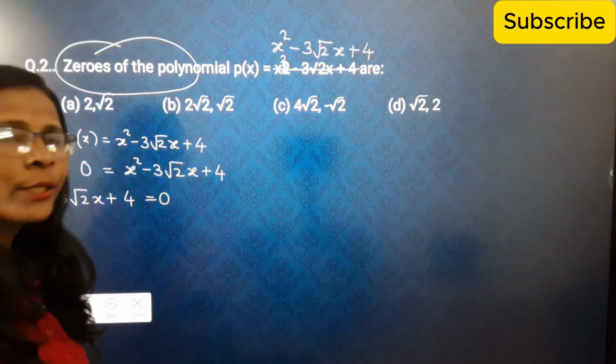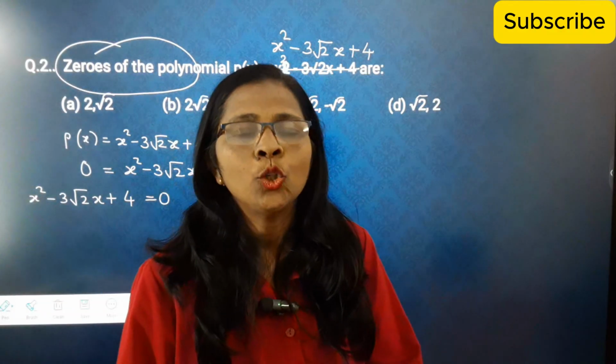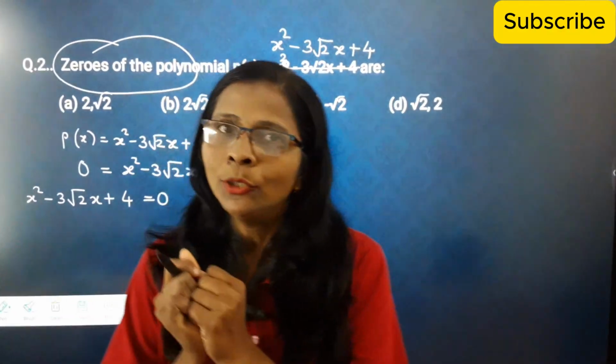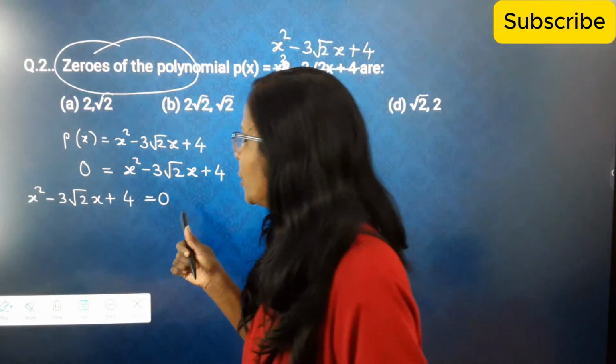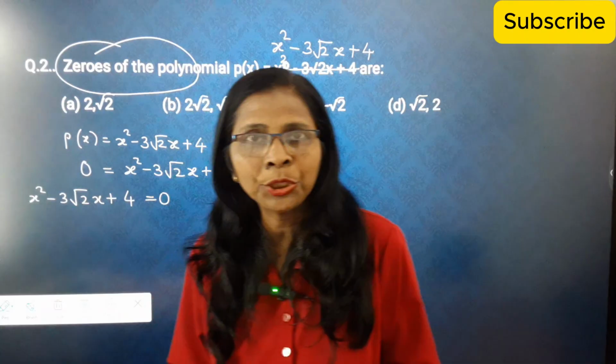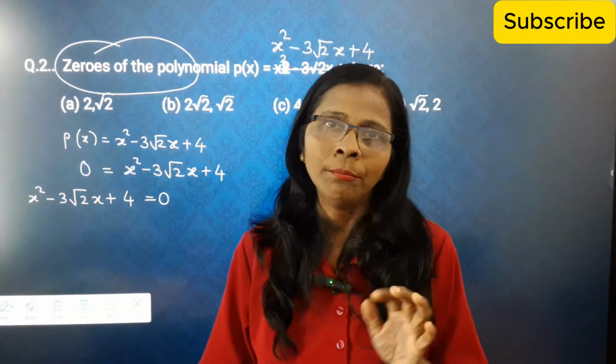Now to find the zeros of the polynomial, we solve this given quadratic equation with the help of the factorization method.